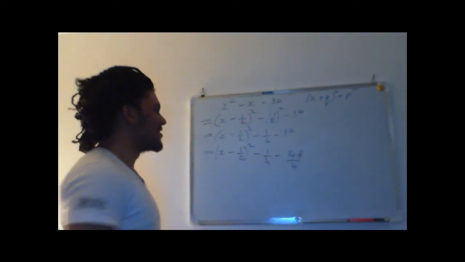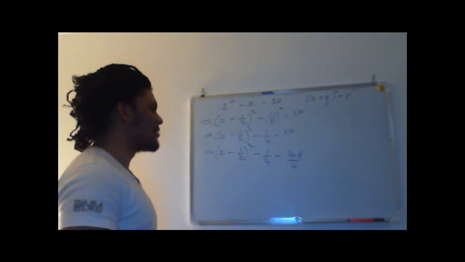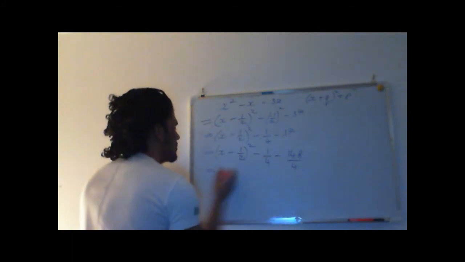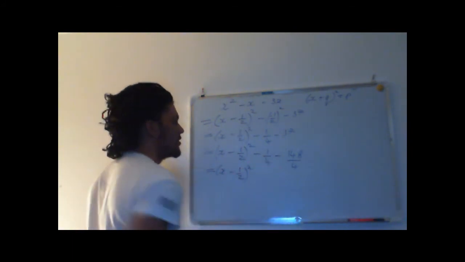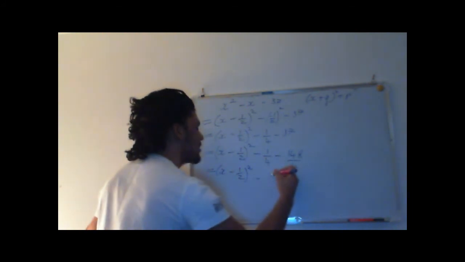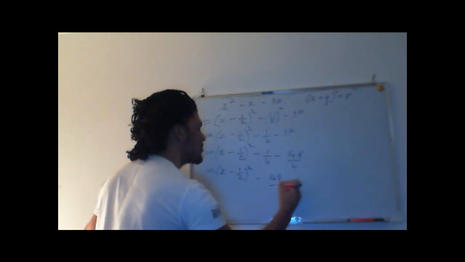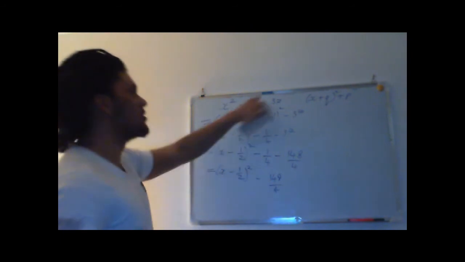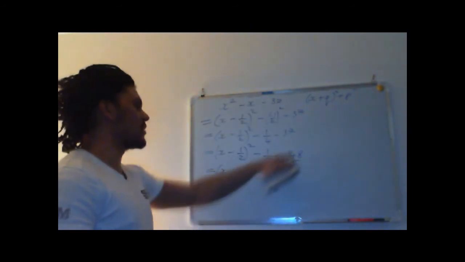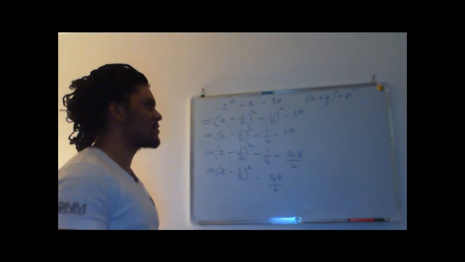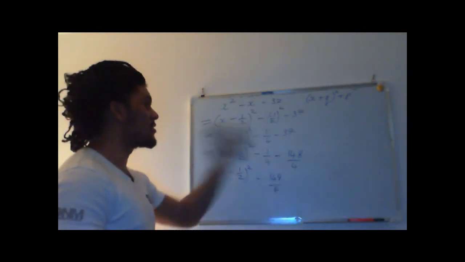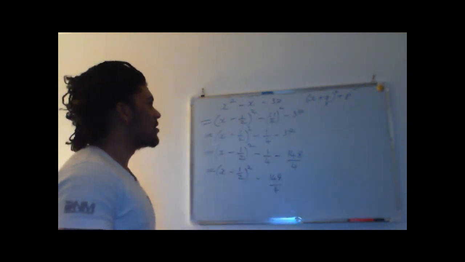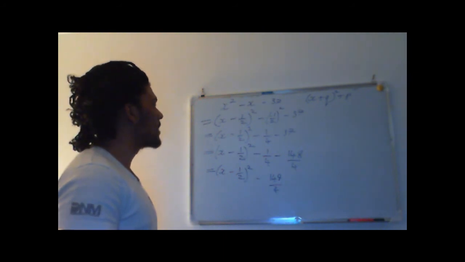And so it's just minus 1 minus 148, which is going to equal x minus 1 over 2 squared minus 149 over 4. Now you're probably not going to be asked to do one that complicated where you have to multiply 37 by 4. Well, they shouldn't be able to multiply 37 by 4. But anyway, that's pretty much completing the square.